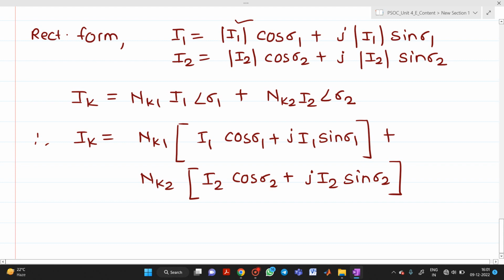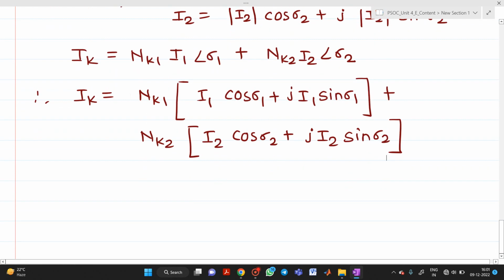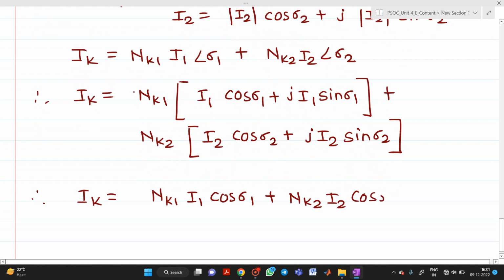This is a representation in rectangular form, we can say. So if I separate the j term, then how can I write it? Ik will be equal to nk1 into I1 into cos sigma 1 plus nk2 into I2 into cos sigma 2.